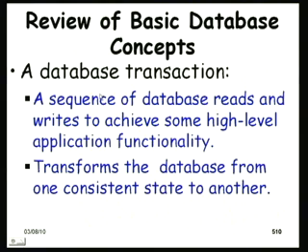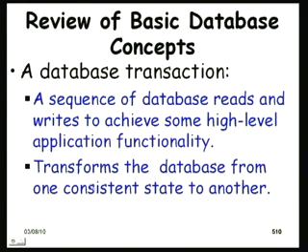Another way to look at a database transaction is to consider it as transforming the database from one consistent state to another. When a transaction is incomplete, halfway complete, the database state may be inconsistent, but when the transaction completes, it leaves the database in a consistent state.